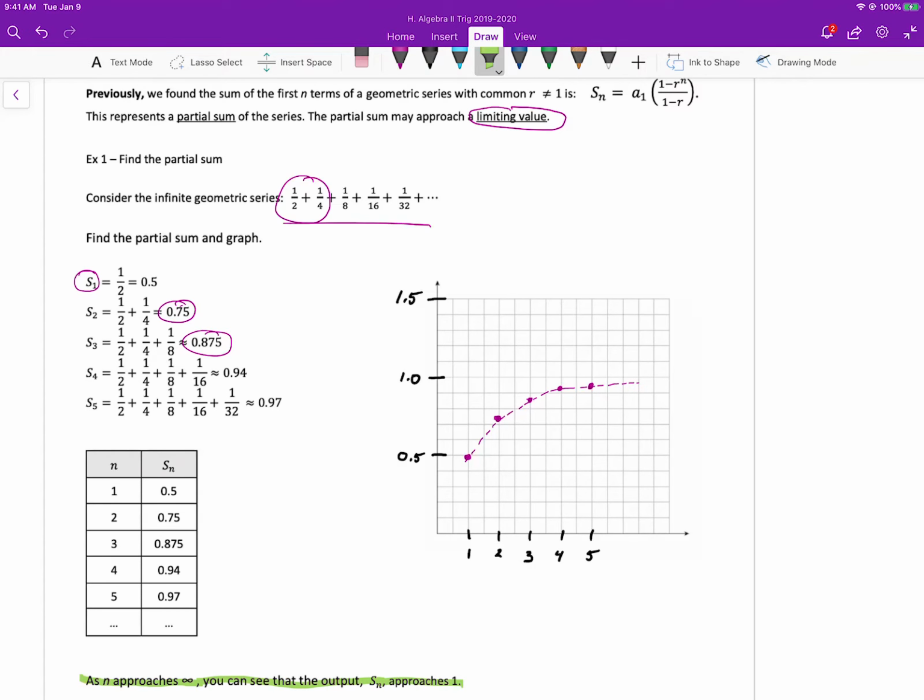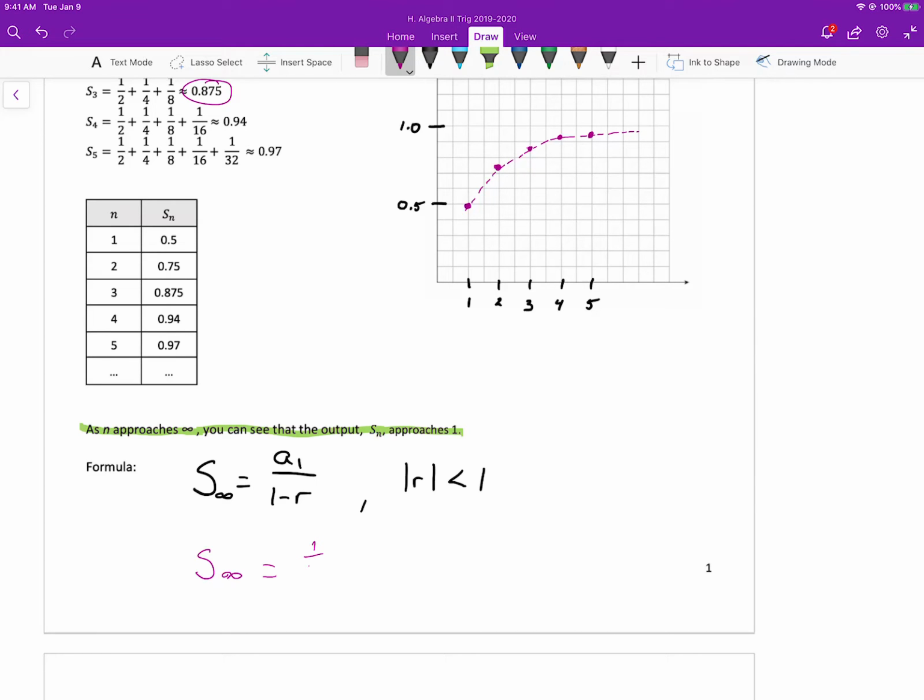So now I can use this formula to check my work algebraically, and the sum of this infinite series will be my first term, which is 1/2, over 1 minus my common ratio, which is also 1/2. The second part of this, that's just a comma, is telling you that in order to use this formula, the absolute value of the common ratio has to be less than 1.